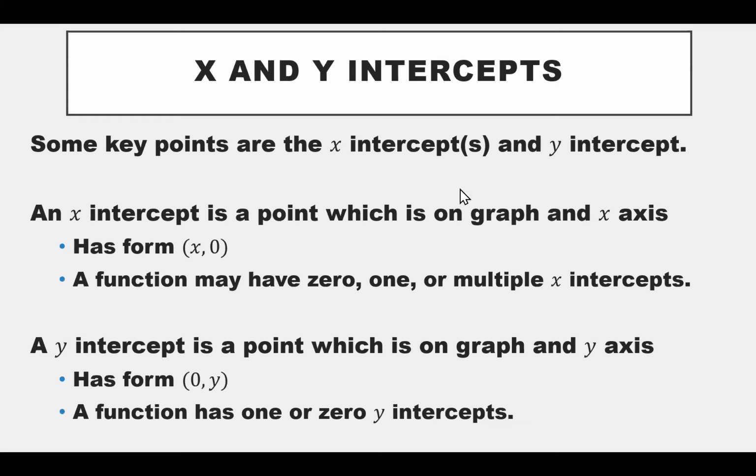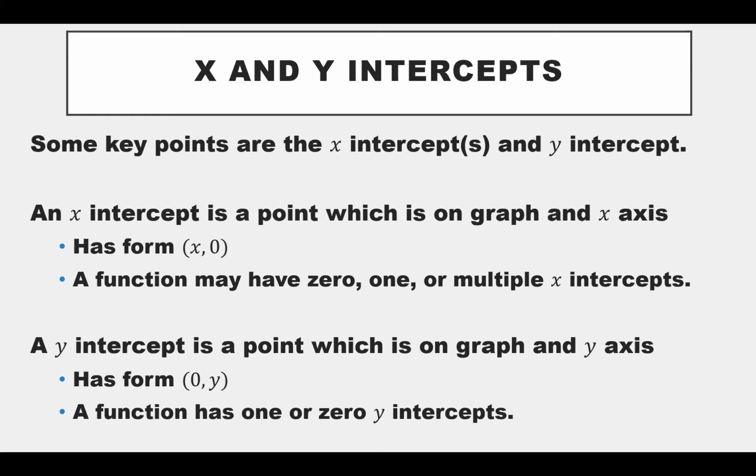Now, a couple of points of high interest to us are the x-intercepts and the y-intercept. An x-intercept is a point which is on the graph of the function and also on the x-axis.